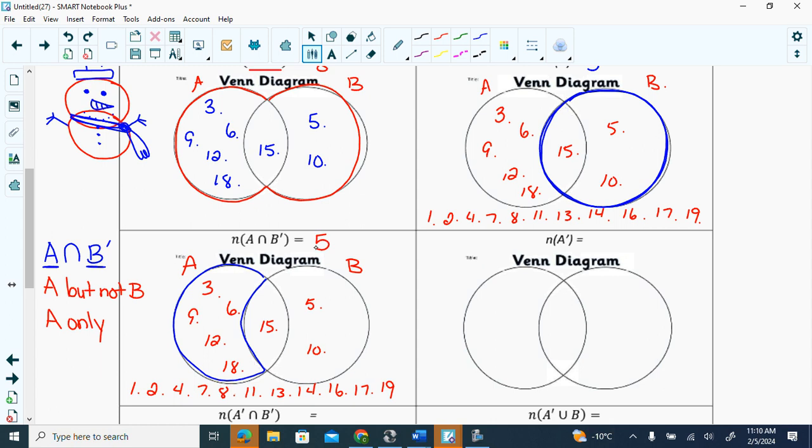This one I'm going to write them all out again. A, B, 3, 6, 12, 18, 15, 5, 10, 1, 2, 4, 7, 8, 11. It's not or, it's and.